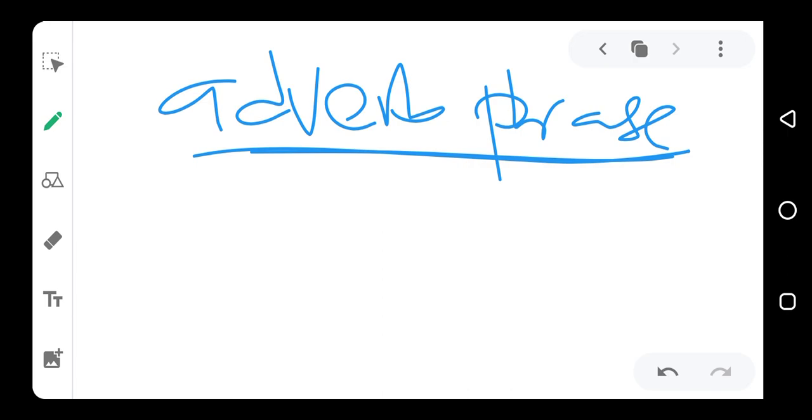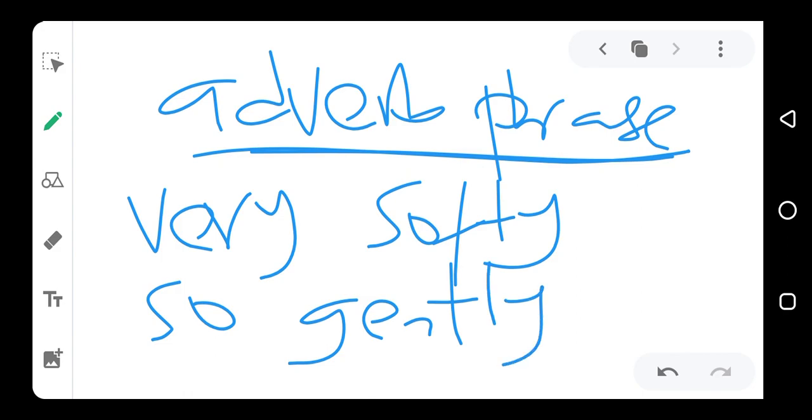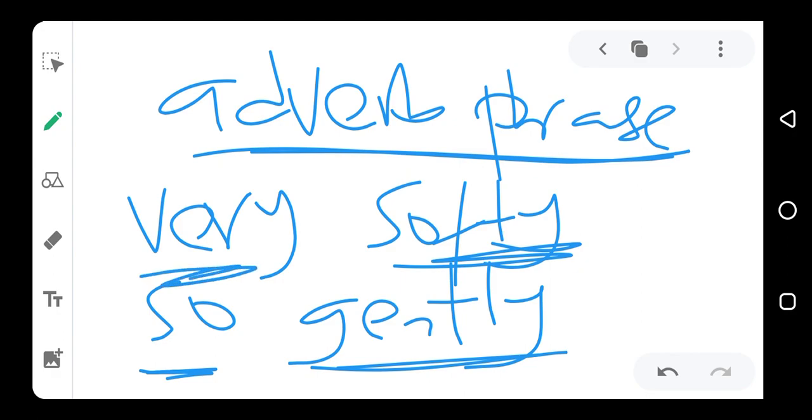For instance, very softly, so gently. This is an adverb, and so is a word built around it. Softly is an adverb, and very is a word built around it. So this is an adverb phrase, and this one is also an adverb phrase.